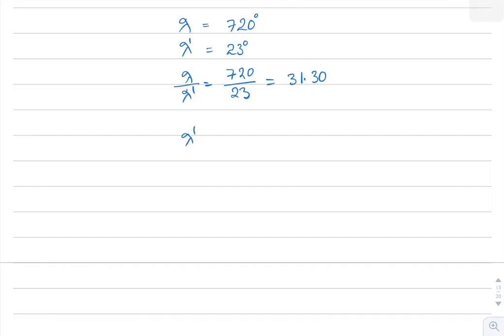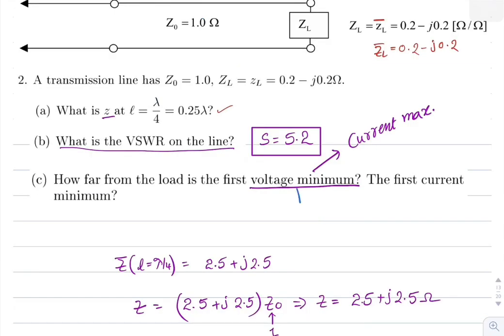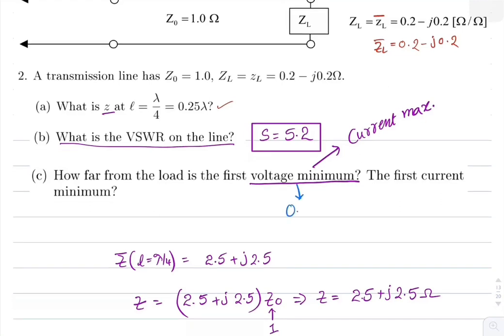Therefore, lambda dash equal to lambda by 31.30, that is equal to 0.031 lambda. Therefore, the first voltage minimum exists at a distance of 0.031 lambda. The next question is the first current minimum. Current minimum exists at voltage maximum.